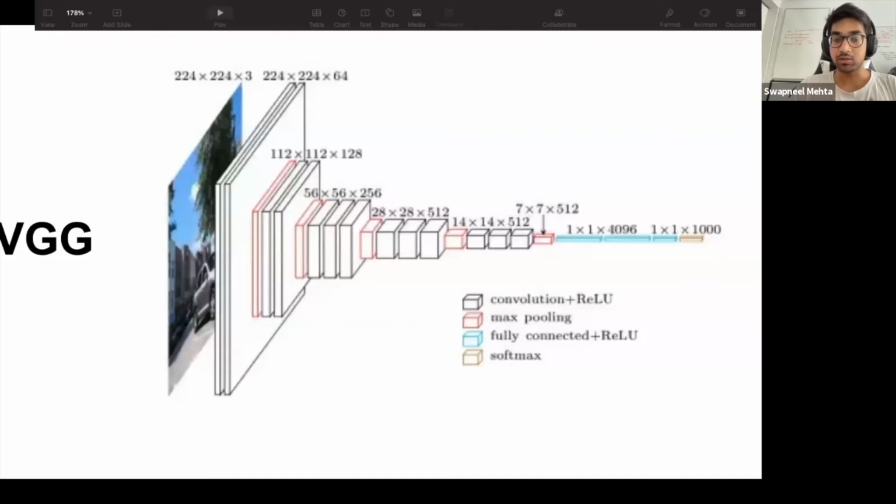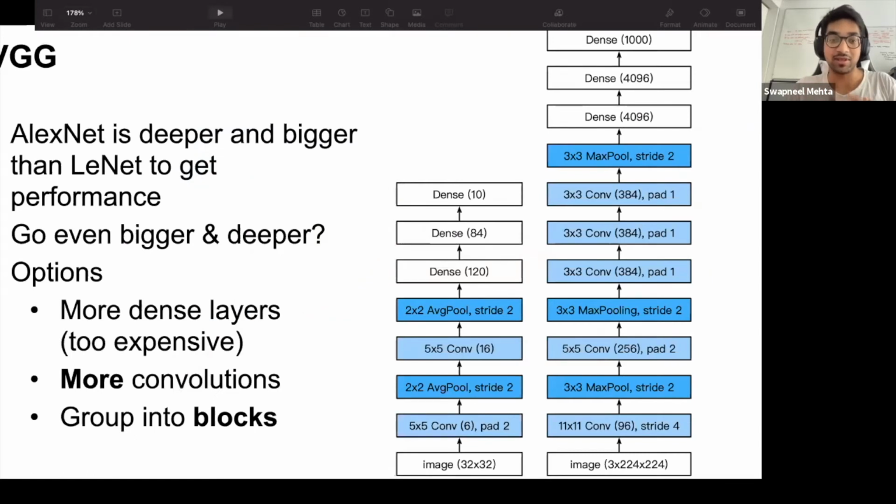Cool. So with VGG, again, the intuition is let's go deeper. If AlexNet was deeper and bigger than LeNet to get good performance, can VGG be even bigger and even deeper to get more performance? The real problem with going deeper is it adds parameters, and adding parameters means it needs compute. It's expensive.